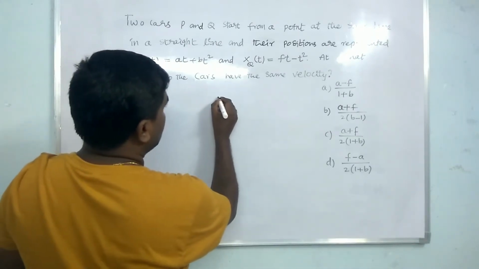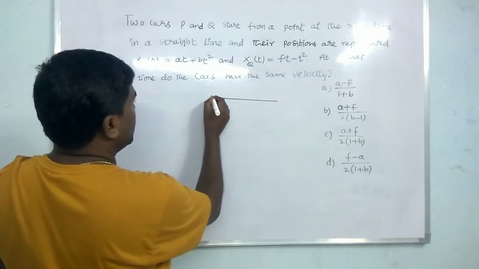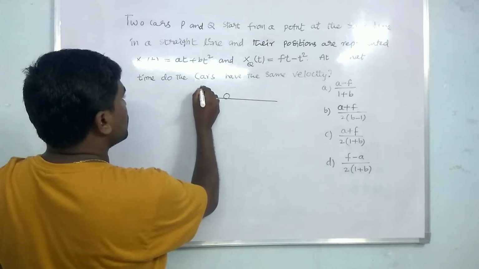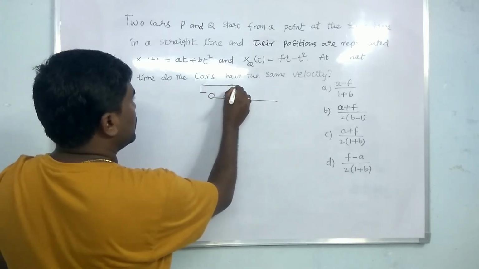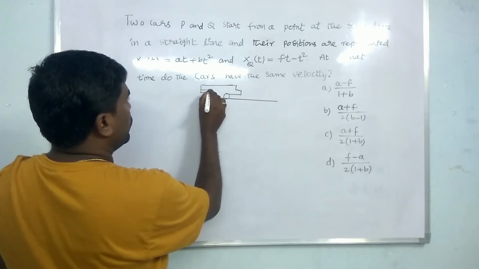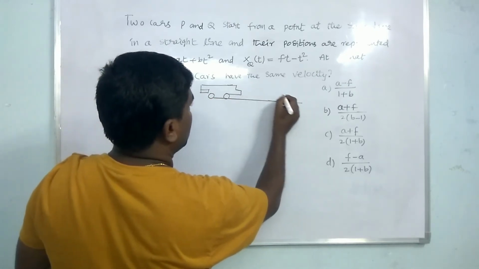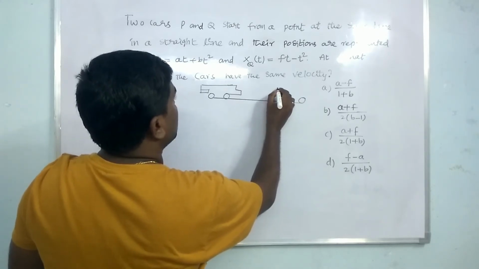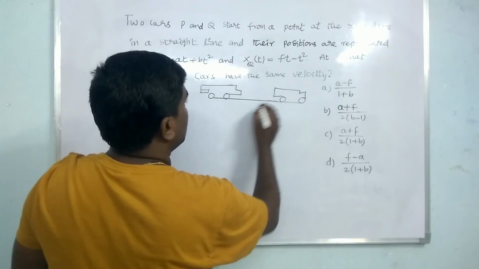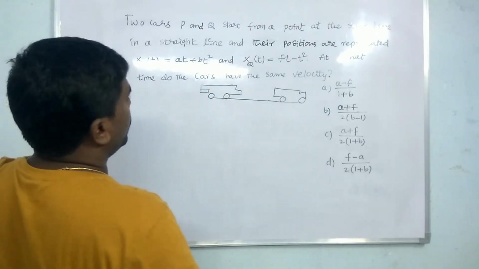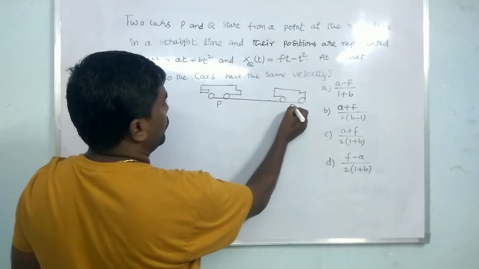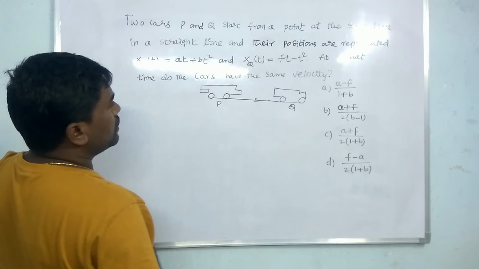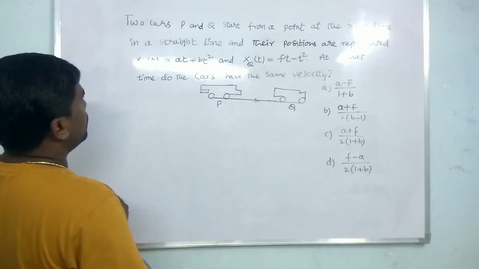Here there are two cars moving in a straight line. This is P and this is Q, moving in the same straight line and starting at the same time from a point.